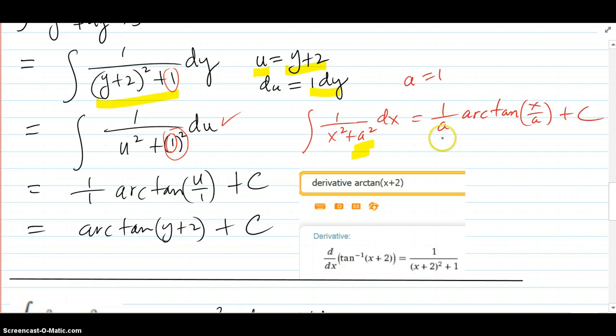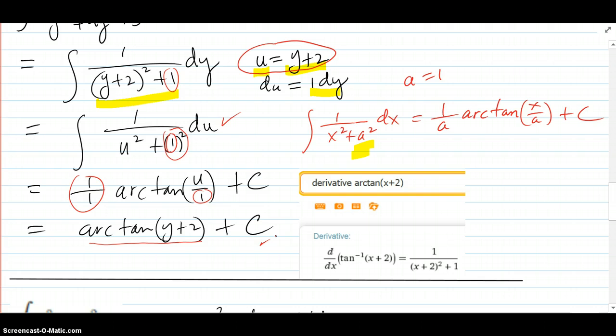So I have 1 over 1 right here. Arctangent u, because I'm in u's, u over a is 1, plus a constant. So that's plugging back u, which was y plus 2. I have arctangent y plus 2 plus the constant.